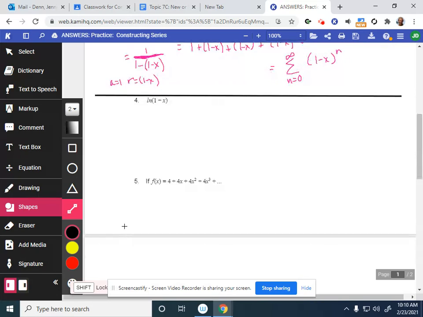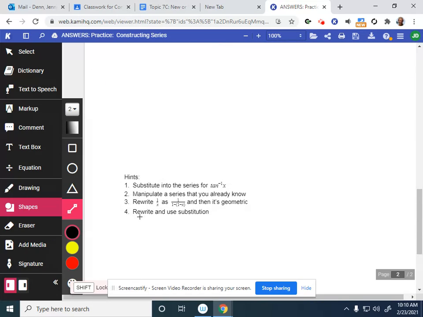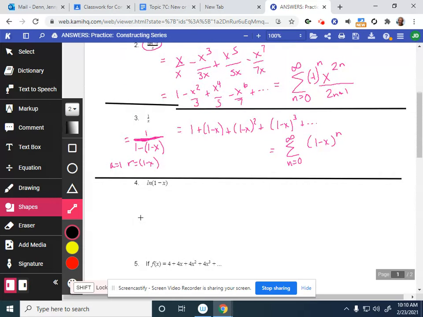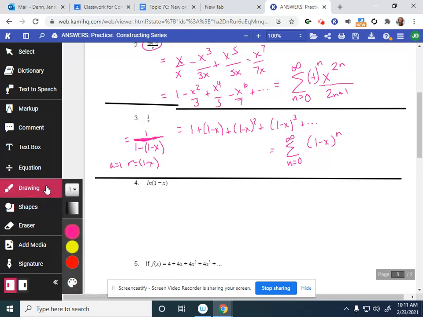Okay, number 4, I wrote down as rewrite and use substitution. So I'm going to do a similar rewrite to what I just did. That's why I did the first one first, to tell you the exact rewrite, and then I'm hoping you maybe were able to do something similar. So I'm going to rewrite and use substitution.